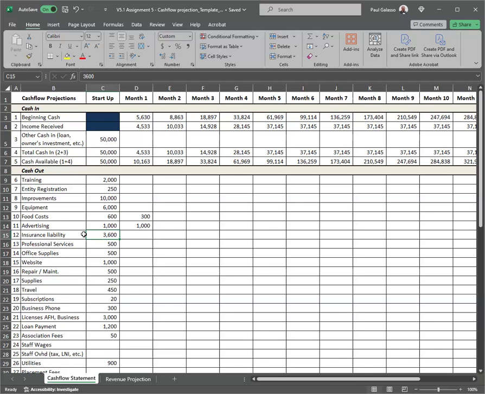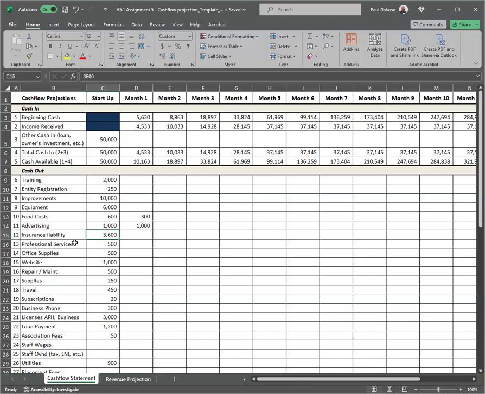I want to break that payment up and put that money in savings account number 2 so that next year, when it's time to renew our liability insurance, we have that money in savings and it will not affect our monthly budget. And then the third savings account would be things that we would have to pay to the government or taxes. So anytime we set aside money to pay our income tax, we would put it in savings account number 3.